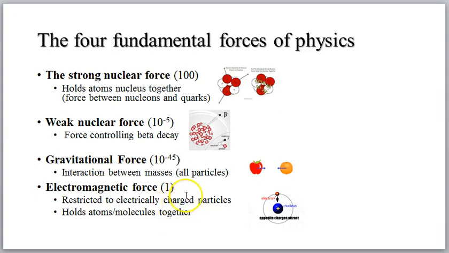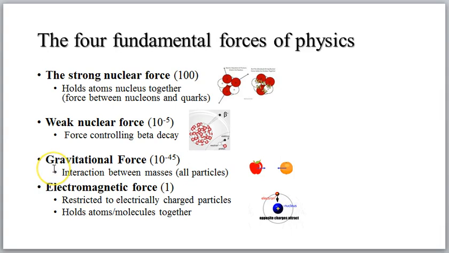If we consider electromagnetic force to have a strength of 1, then gravity has a strength of 10 to the negative 45. If we just take gravitational force and electromagnetic force, they have a lot of similarities. We're quite familiar with gravitational force. It's what holds us to the earth.